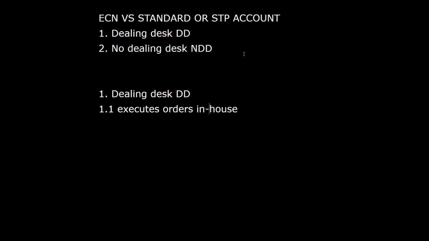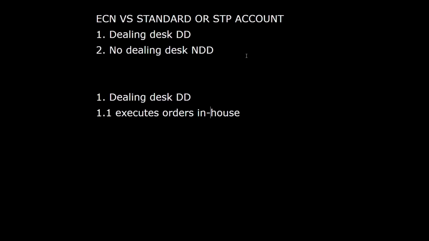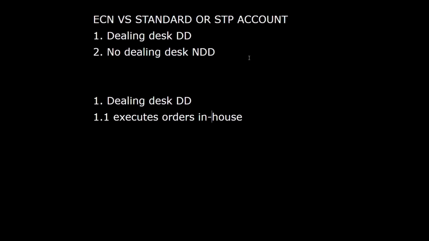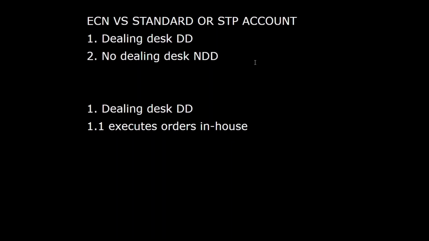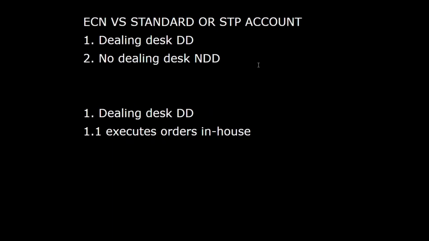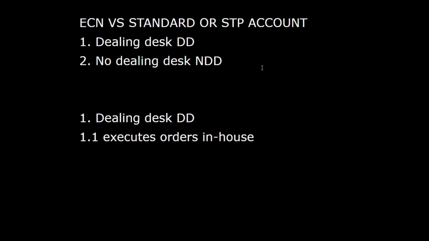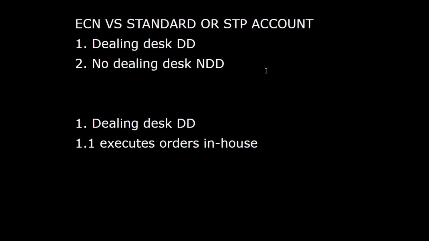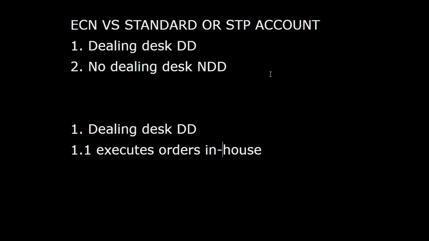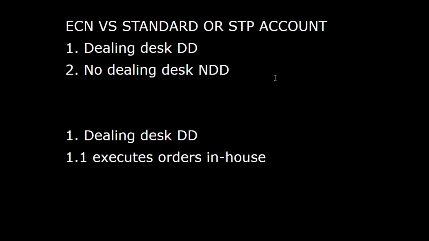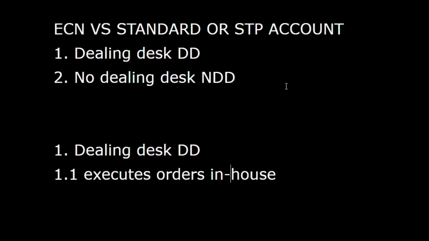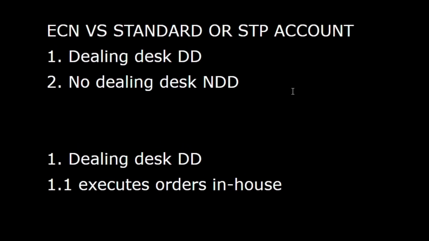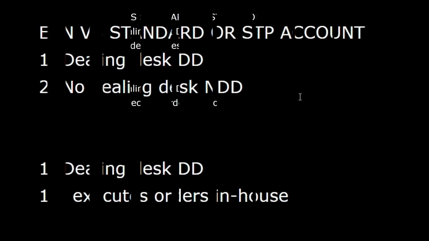The broker, which is a dealing desk, buys large positions from liquidity providers and sells them to their clients in smaller pieces. Because of this structure, a dealing desk broker takes the other side of the trade because they hold positions before selling them to clients. They might even later hedge their positions to be neutral to the market.